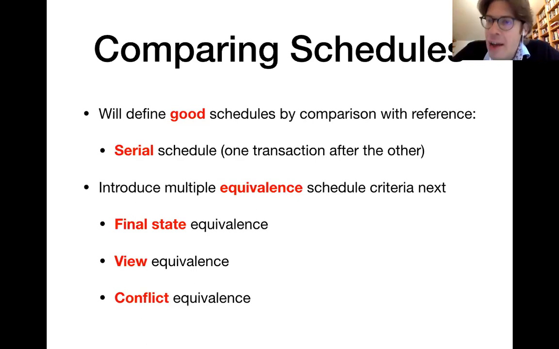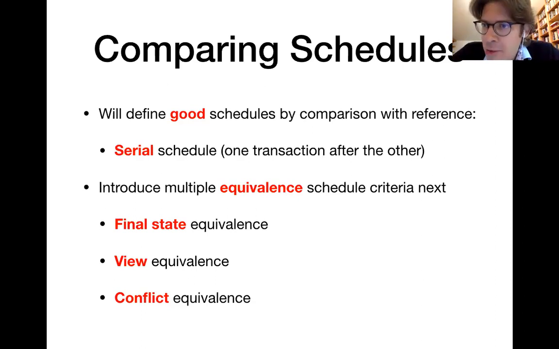We will see final state equivalence, where we compare essentially based on the final state that you have in your database after executing the two schedules. Then we compare according to view equivalence, and that means when comparing two schedules, users essentially see exactly the same things in the same order for both of those schedules.